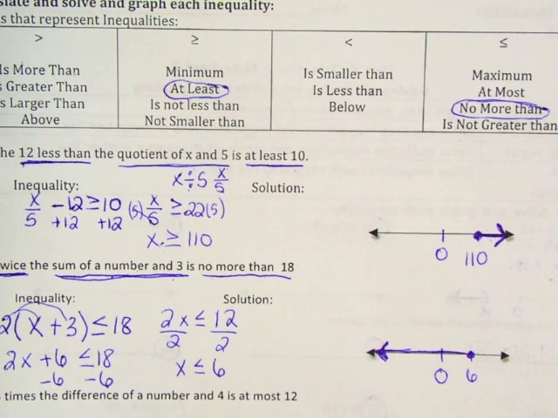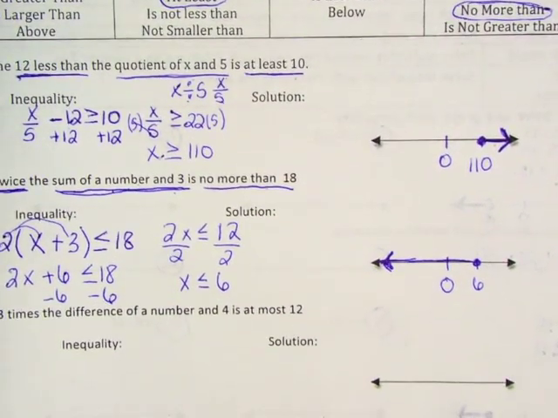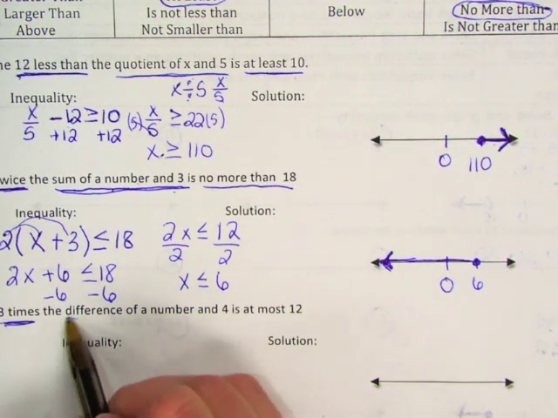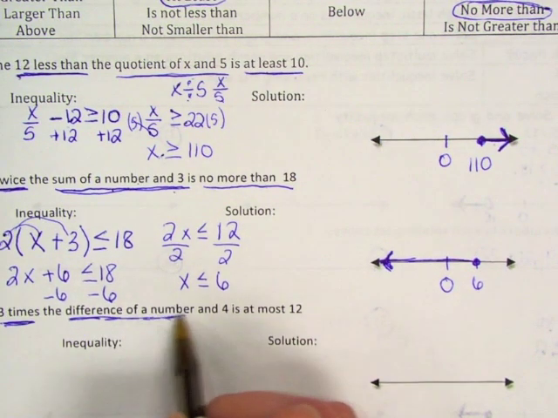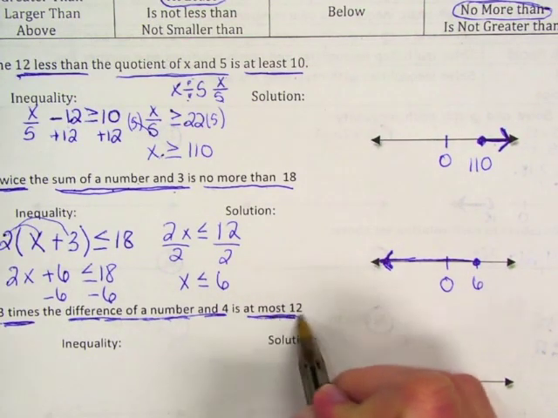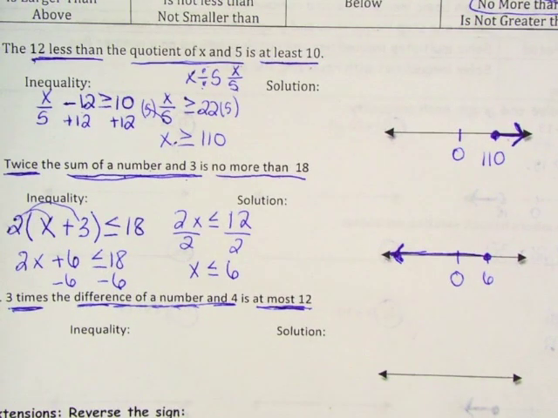All right, so we're going to try to translate one more time. So first I want to underline my important information. So I have 3 times the difference of a number and 4 is at most 12.